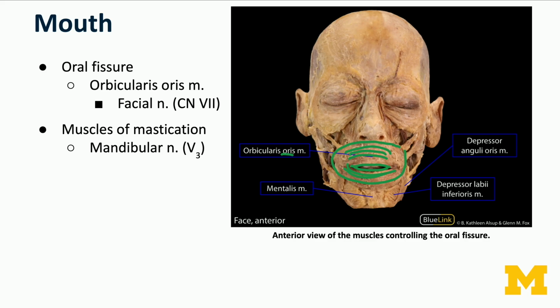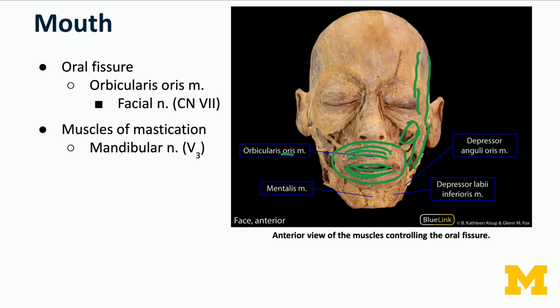Also affecting movements of the mouth are muscles such as the masseter, the temporalis, as well as the pterygoid muscles, both medial and lateral, which would be deep here within the infratemporal fossa. These are muscles of mastication.